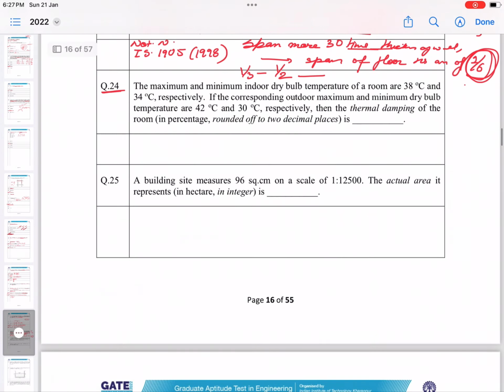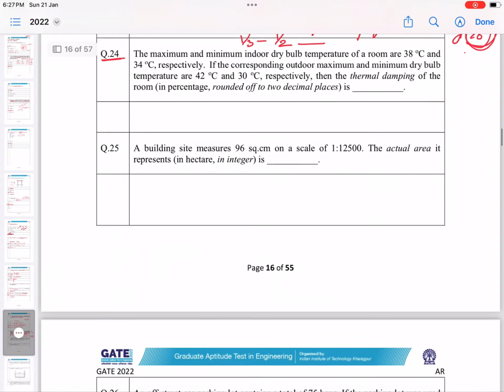Coming to question number 24. This question is from thermal comfort in built environment. The maximum and minimum indoor dry bulb temperature of a room are 38 degrees Celsius and 34 degrees Celsius.